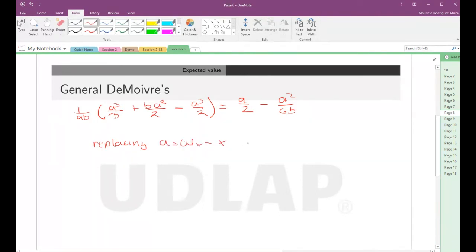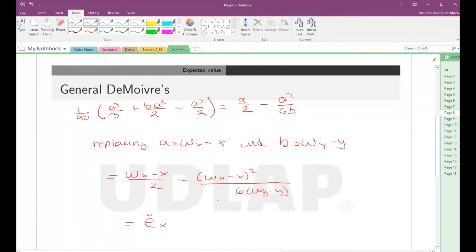A, which was this, and B, essentially x equals, let me replace B. Now this is clearly this value here.